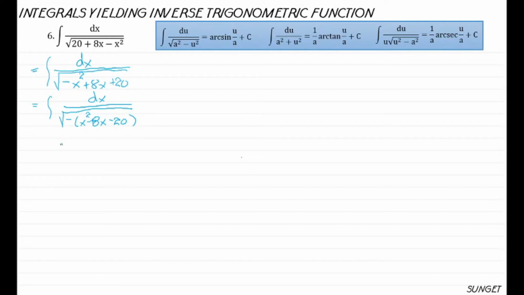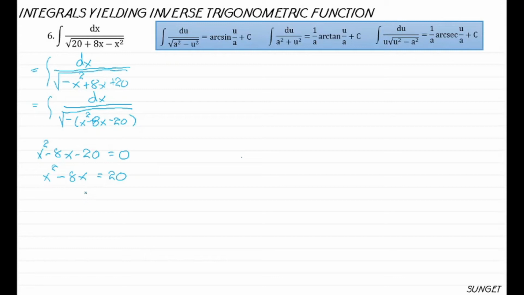Then, we have the trinomial x squared minus 8x minus 20. By completing the square, transpose negative 20, so x squared minus 8x equals 20.